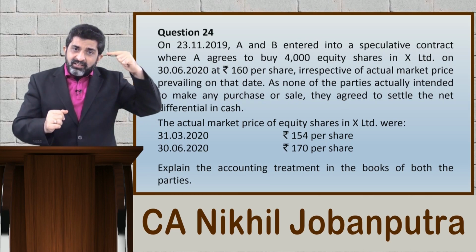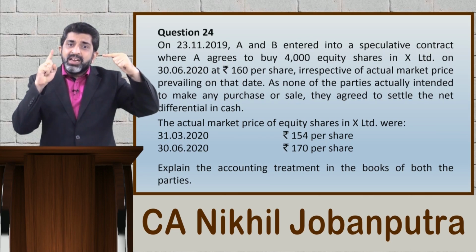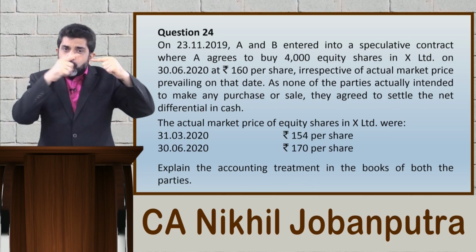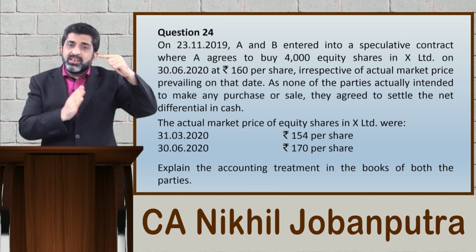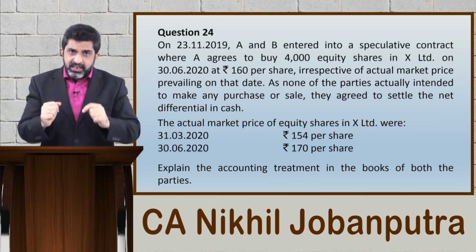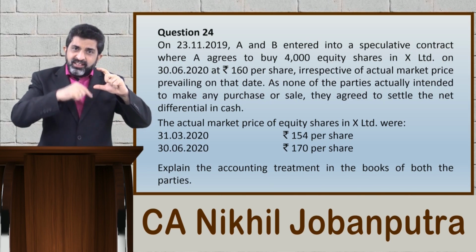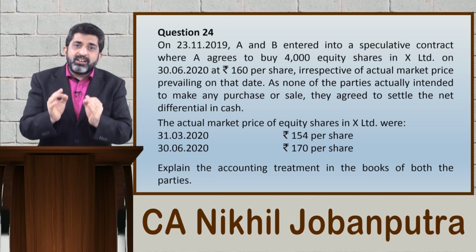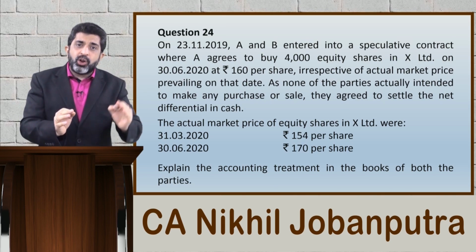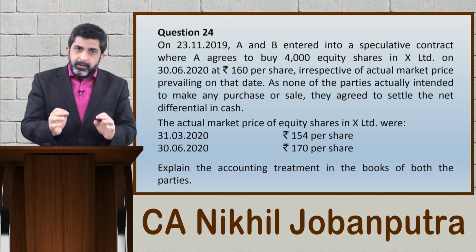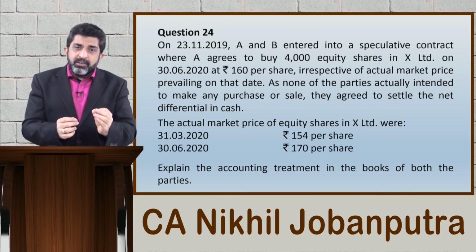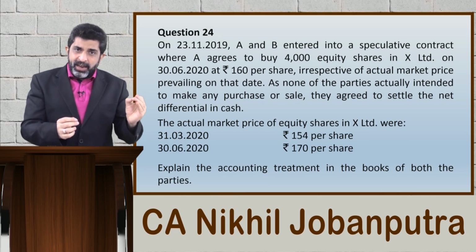So, between the trade date, that is 23rd November 2019, and the settlement date, that is 30th June 2020, as per the requirements of Ind AS 109, the contract will be accounted for as a derivative. In simple words, derivative accounting shall be applied.